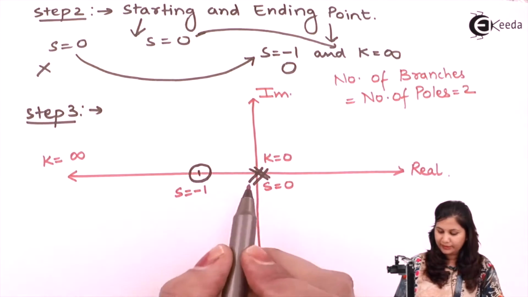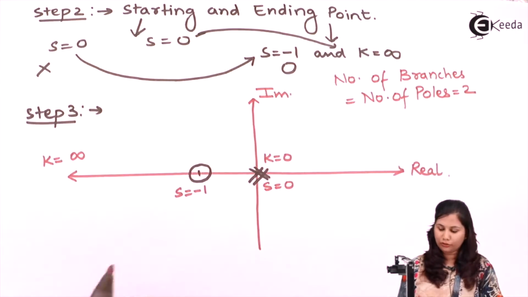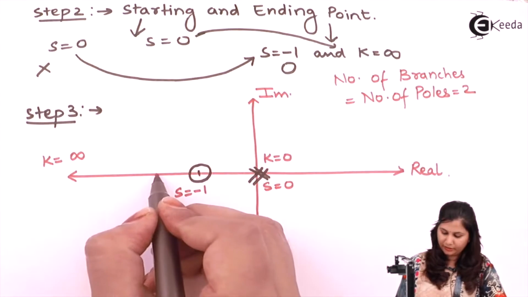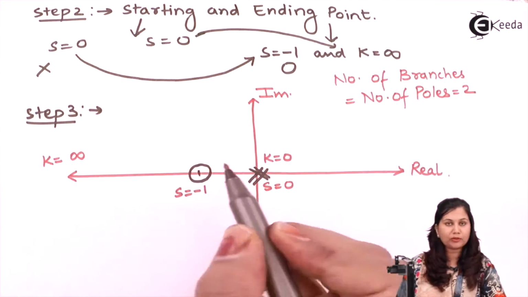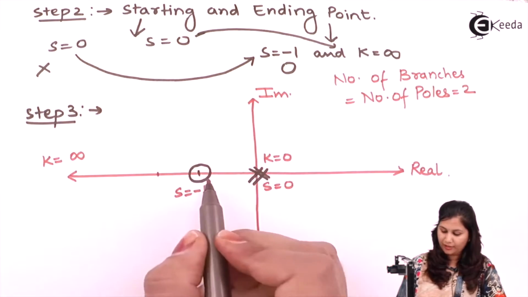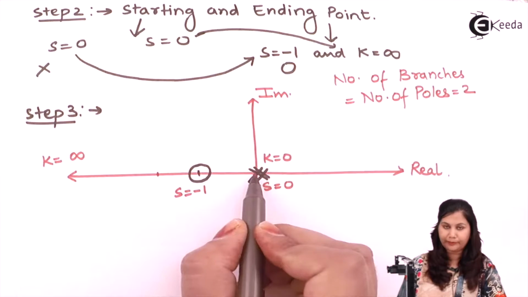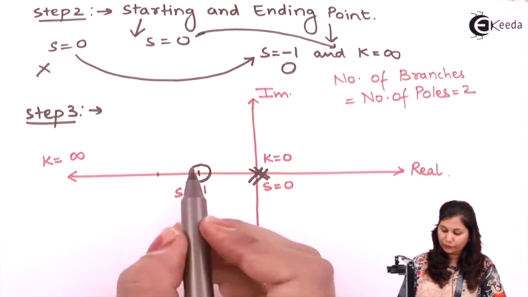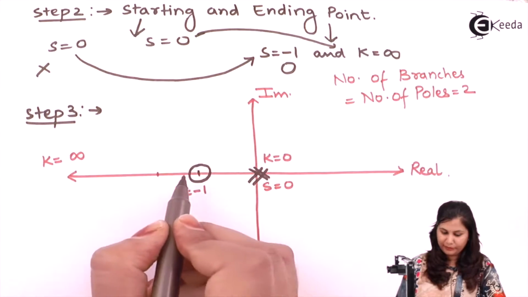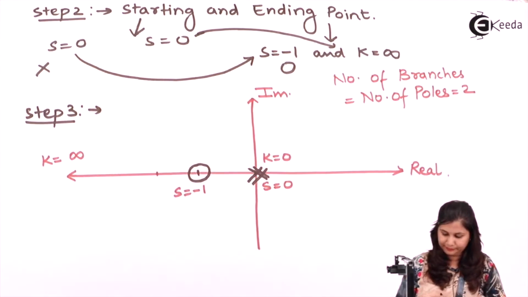Now let us determine the direction of the root locus. If we take a point here, then the number of poles and zeros on the right hand side of this point are 1, 2, 3. So it's odd. So for this zero, the direction of the root locus will be on this side.